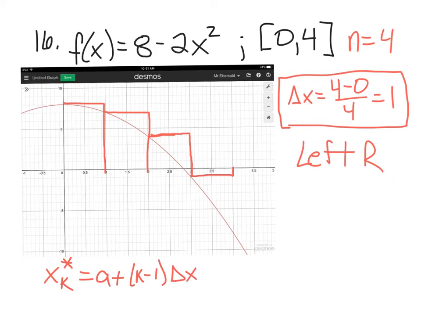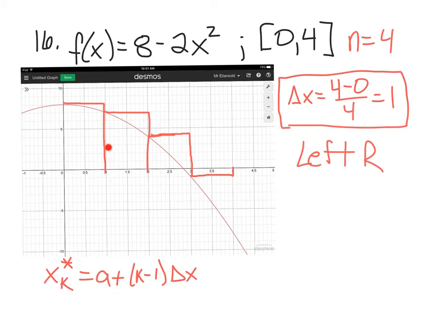And again, the way this works is, we're starting at the original left-hand side of our interval, here at 0 in this case, and depending on which interval we're on, we find the point that we want to plug in by going from a, adding how many changes in x we need. So if we're on the second interval, that would be a plus 2 minus 1, which is 1 change in x.